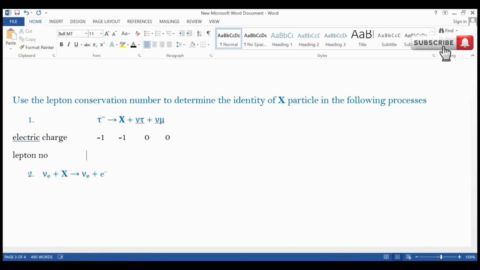So now we know that the particle belongs to the lepton family. It is a particle, not an antiparticle, not an anti-lepton. So the lepton number of tau is positive 1, and the lepton number of tau neutrino is also positive 1.